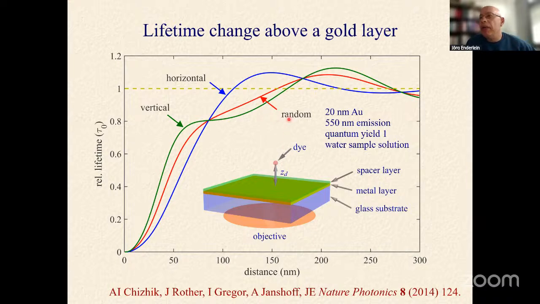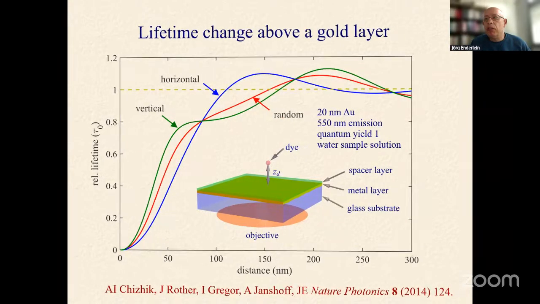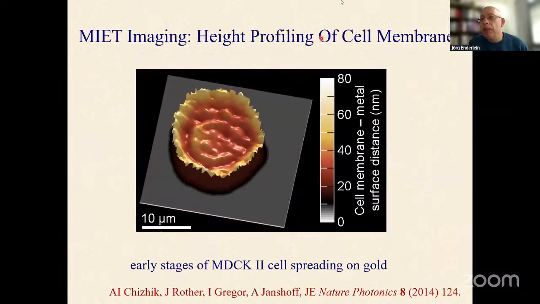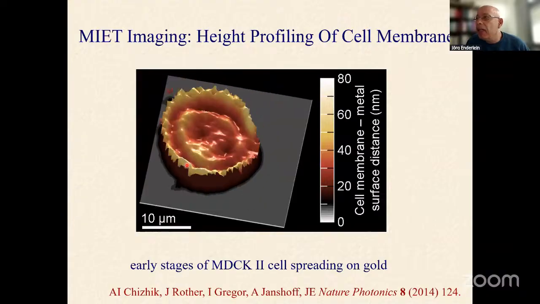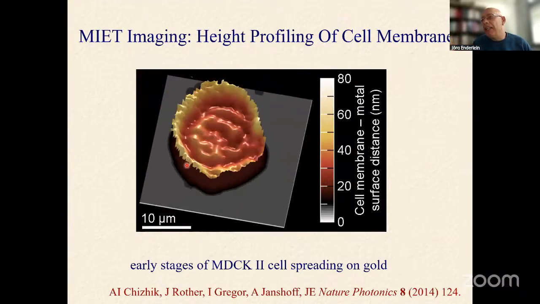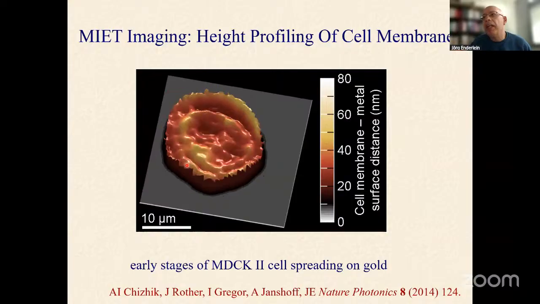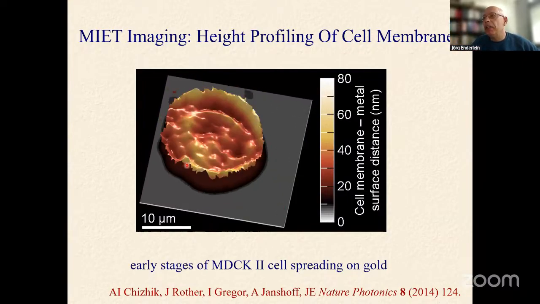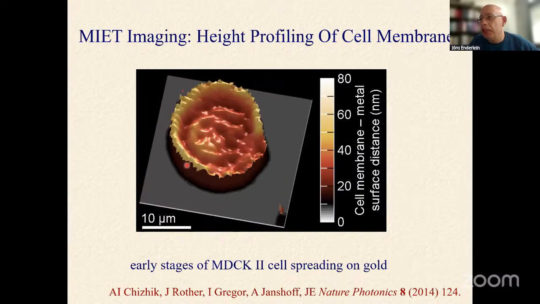In our experiments, we always check by independent polarization resolved measurements what the orientation of our dye is. For the cancer cells I have shown here, with a deep red stain plasma membrane dye, we saw that this dye is very flexible, so it is rotating very quickly, and we can use this random orientation curve as a calibration curve.